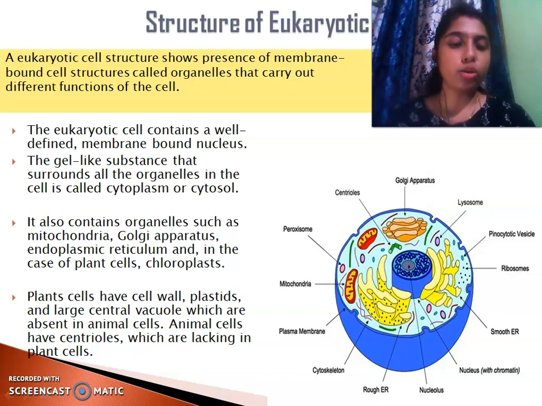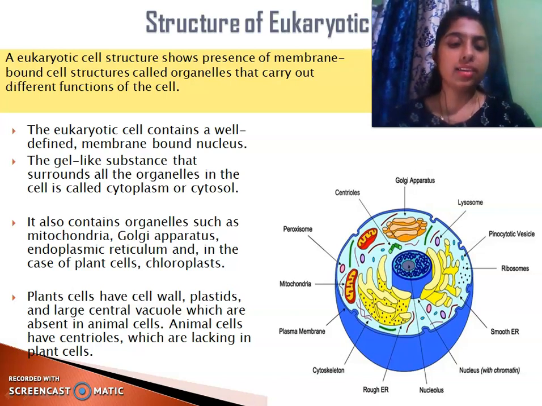Clear? And also the different types of membrane bound cell organelles like mitochondria, centrioles, lysosomes, smooth endoplasmic reticulum, rough endoplasmic reticulum, etc. are present. So, we will discuss all of these cell organelles in details in the upcoming classes.